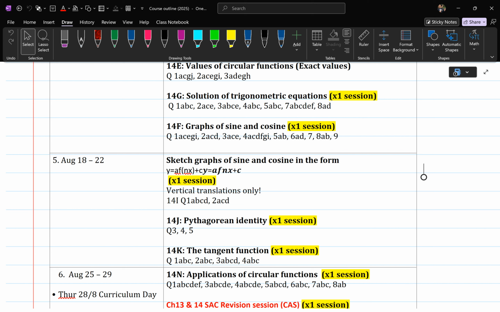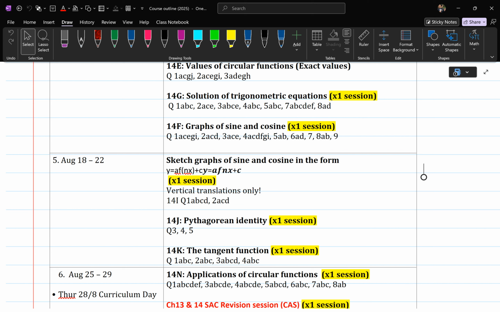Okay, so how do we cut that time? To get students a bit more familiar, we do vertical, and vertical is much quicker to do. You can have a bit of dilation, but if you're just doing vertical translations and no horizontal, it does make it easier. So when you're looking at your questions, only do the vertical ones, and we've chosen the vertical ones for you.